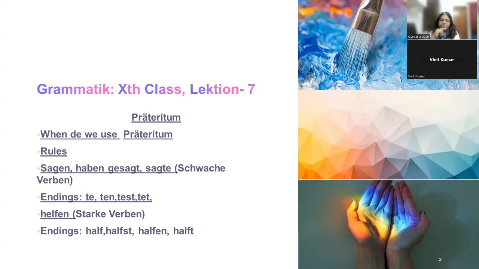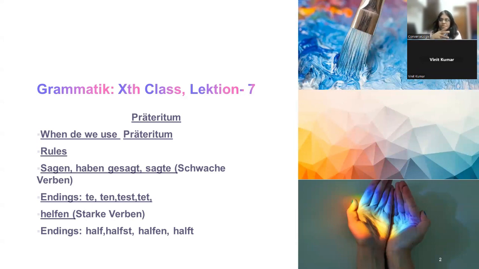For example, the Partizip 2 form of helfen is geholfen. So we know that it's not following the GET rule, which means the Präteritum form should also be a different one. The Stamm, the first part of the verb, would be different. So helfen is like ich half, du halfst, wir halfen, ihr halft.